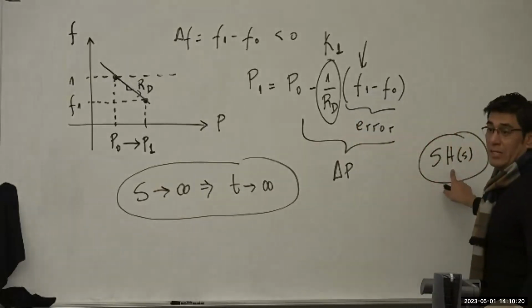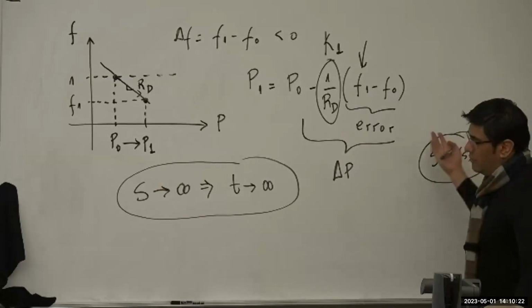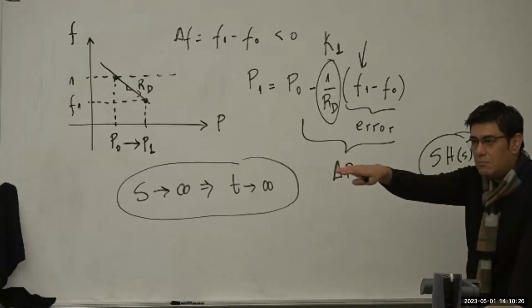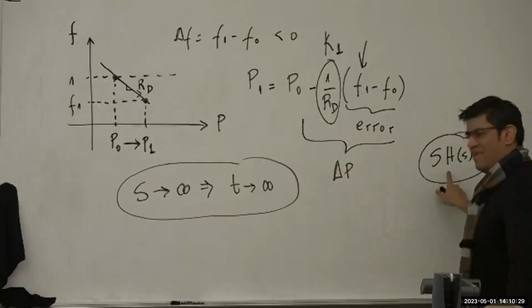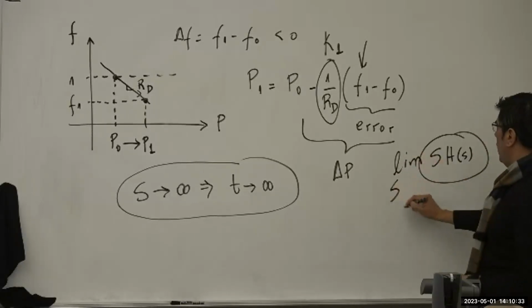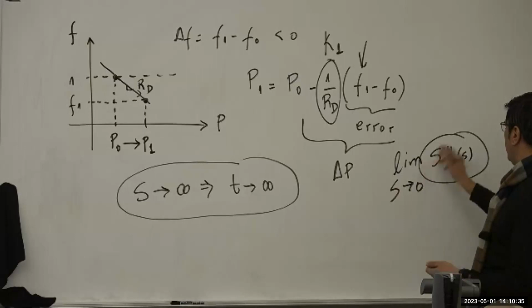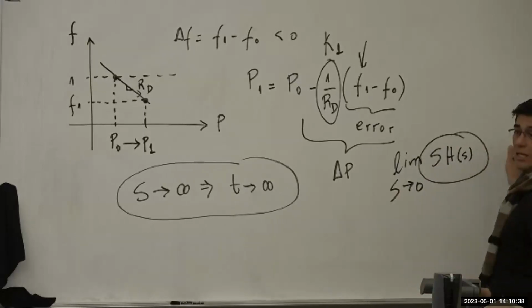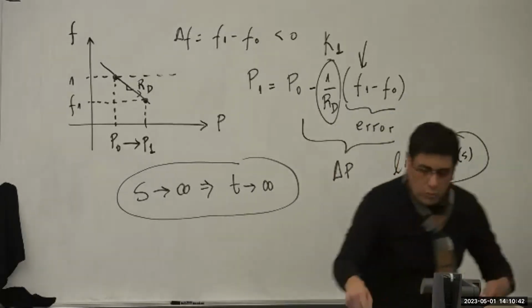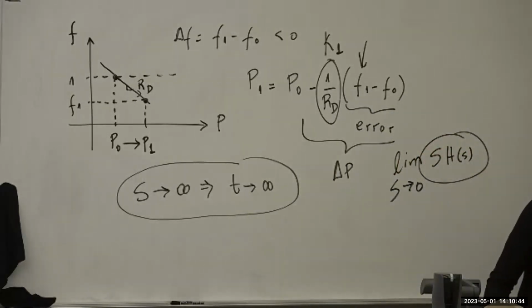Are you positive about this? Yeah. So that's the infinite value or the steady state value that you will get. I think you're right. So the limit as S tends to 0 of this will give you the steady state value at the end. So how would that be in our model then?